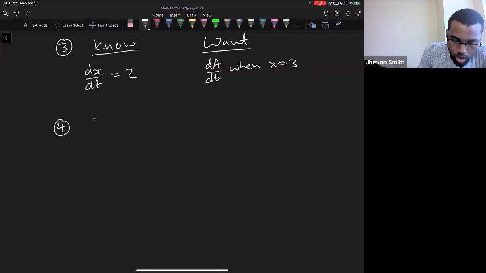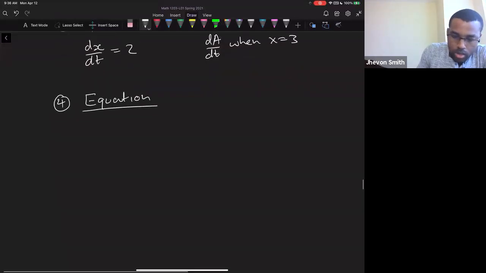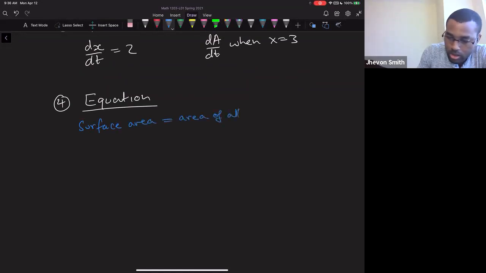So step 4, we're going to go with the equation. Surface area is just the area of all the faces, or sum of.